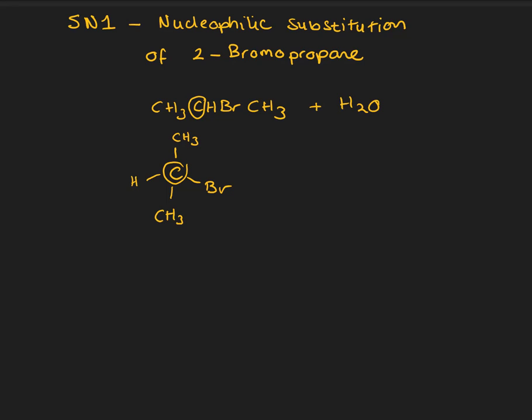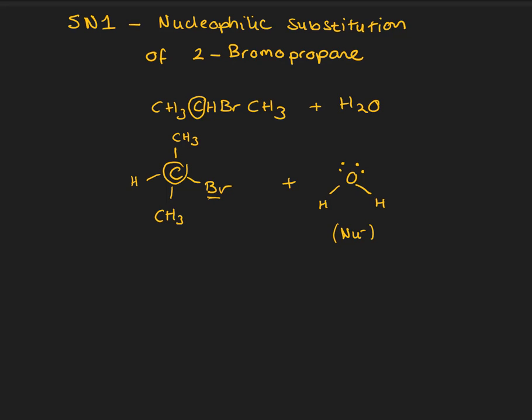I also have water, okay, and I'm going to draw that out because I want to show my Lewis structure, because for me personally it makes it easier as I can clearly see that the oxygen here has pairs of lone electrons available for bonding in its outermost valence, and this is our nucleophile, okay? So again, our nucleophile here. I do the same as I did last time. I look at the differences in electronegativity.